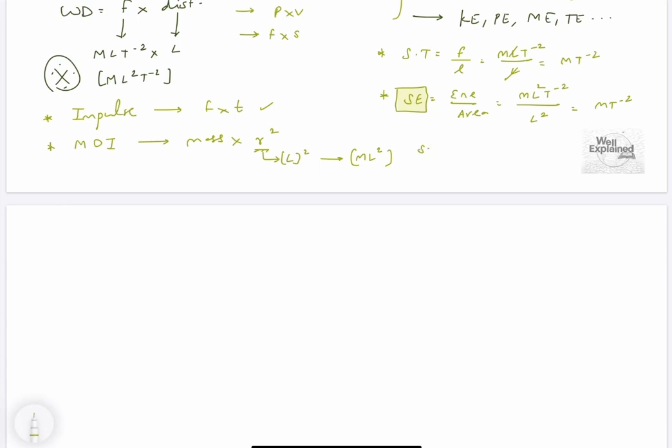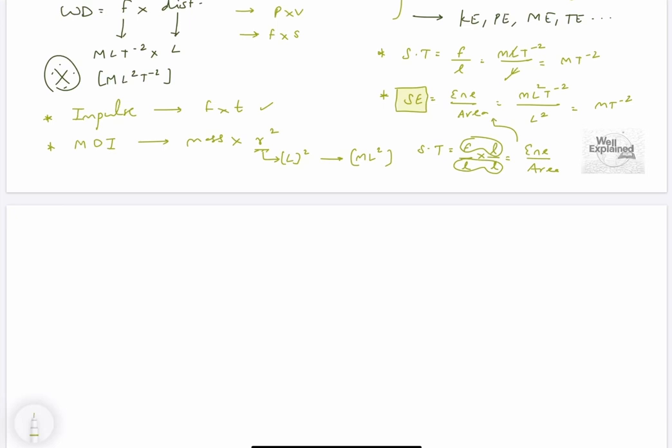How did the surface energy come? It's very simple. Surface tension is nothing but force by length. Now what you do is you multiply length on numerator and denominator. Force into length is nothing but energy, we know. Length into length is nothing but area. And that's how this formula came.